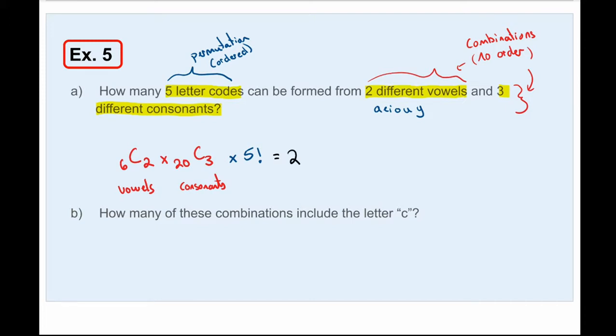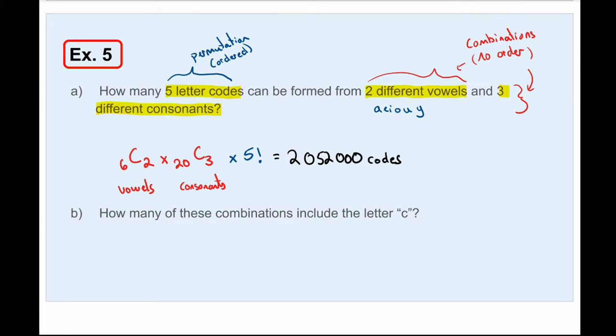So in total, I get 2,052,000 codes. So again, this is an example where we have both combinations and permutations together.